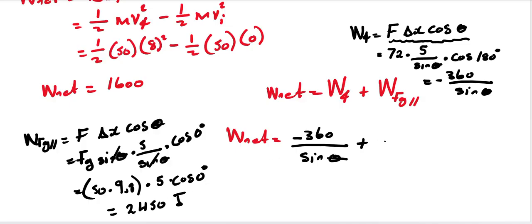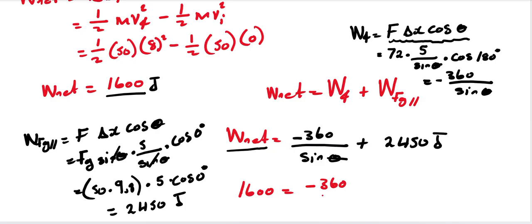Then we're going to come and add it here, 2450 joules. And then since we calculated our net work, let's substitute this net work with 1600, because we found that net work is 1600 joules. So I'm going to say net work 1600 is equal to negative 360 all over sine theta plus 2450.